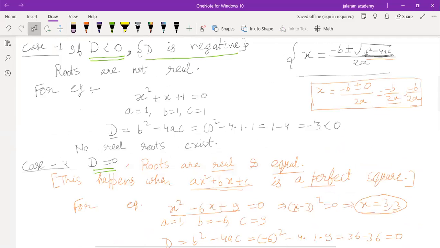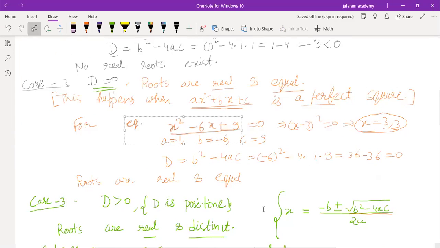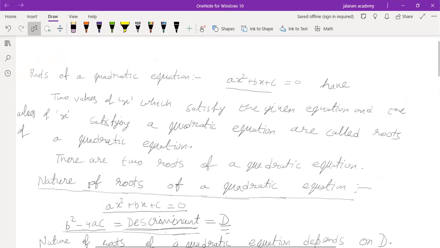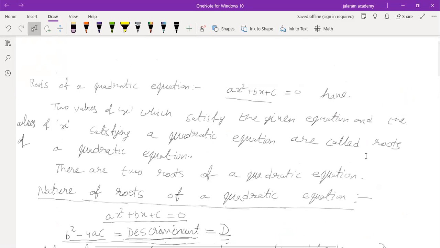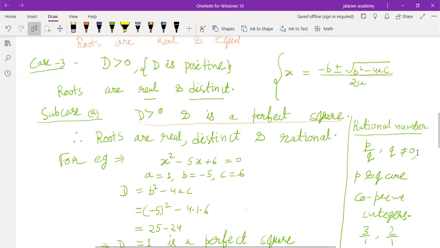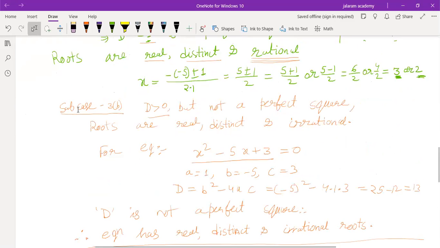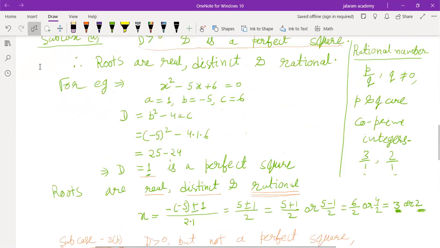One more condition: if the discriminant is greater than 0, then roots are real and distinct. Okay, these three cases we have discussed.